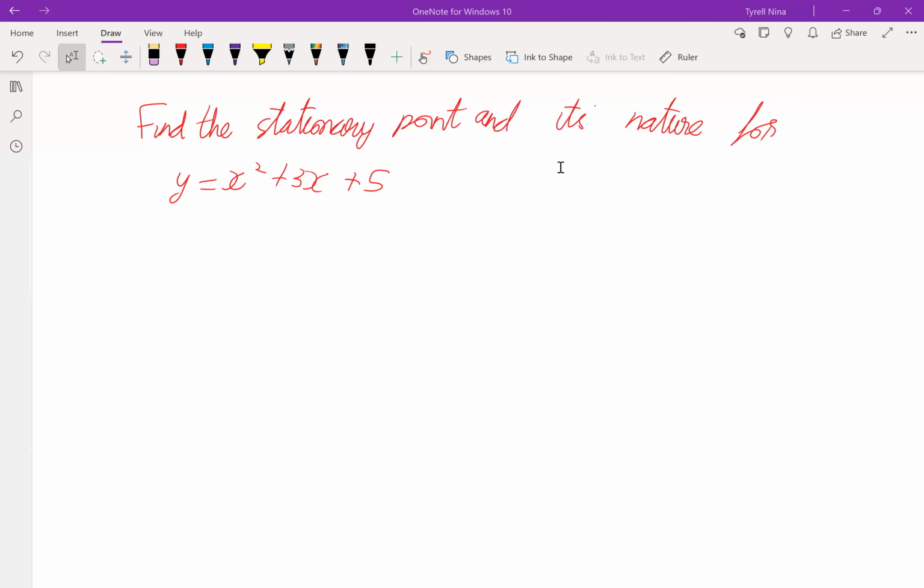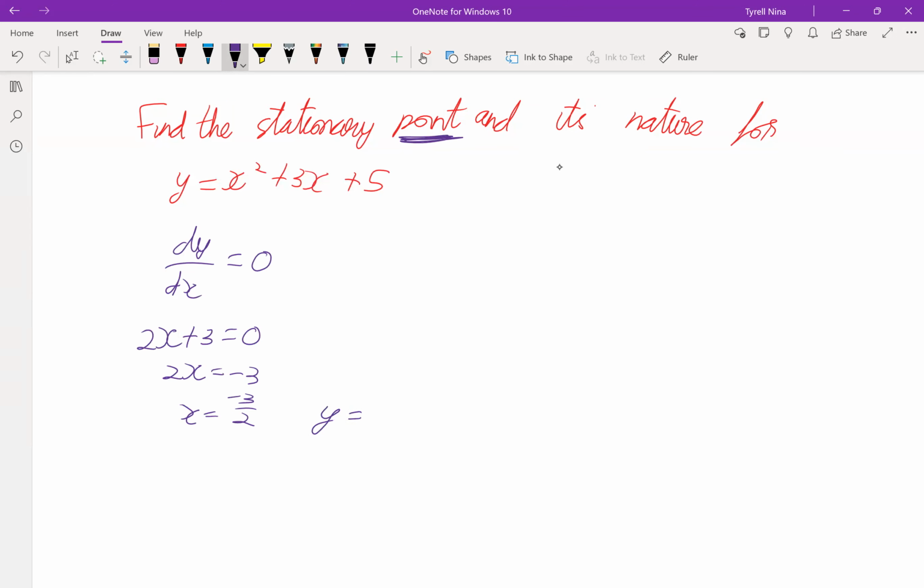Right, so to find stationary points, it's dy dx equal to 0. So dy dx is 2x plus 3 equal to 0. 2x is minus 3, x is minus 3 over 2. Now a point has an x and y value. So y in this case is 2 times minus 3 over 2 squared plus 3 times minus 3 over 2 plus 5. Another mistake people make is subbing it back into dy dx. You'll automatically get 0 as your answer.